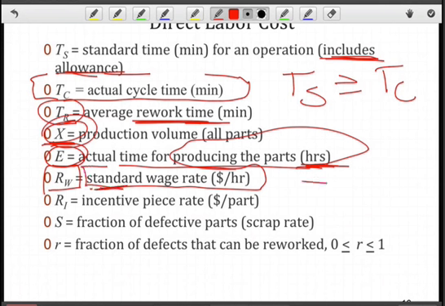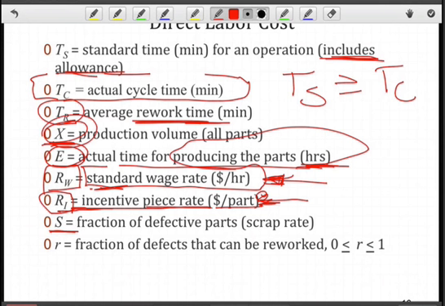Again, this number is readily available because we know exactly what we're paying, and we could factor in different grades of pay by taking some kind of weighted average. In addition, we might be paying an incentive piece rate in terms of dollars per part for beating that standard time, and that we will use R sub I. Again, that is well known.